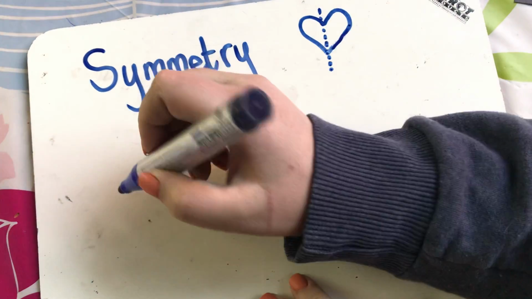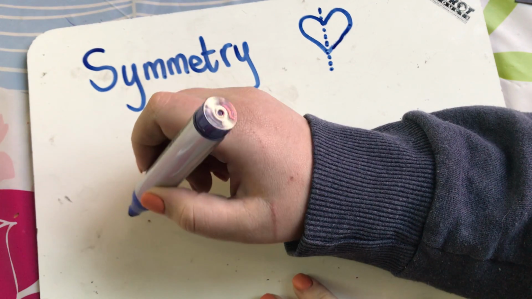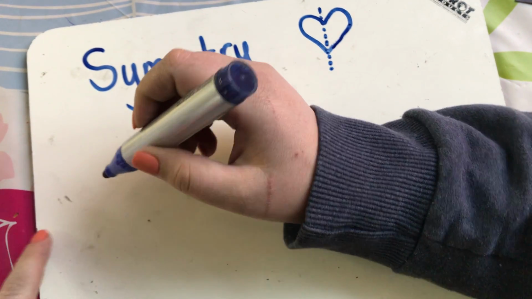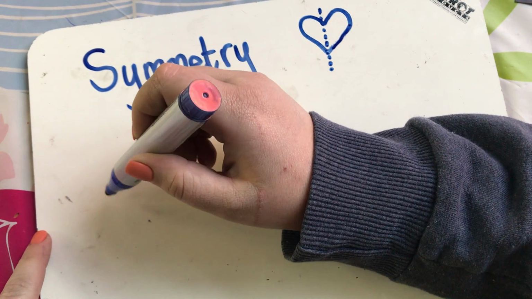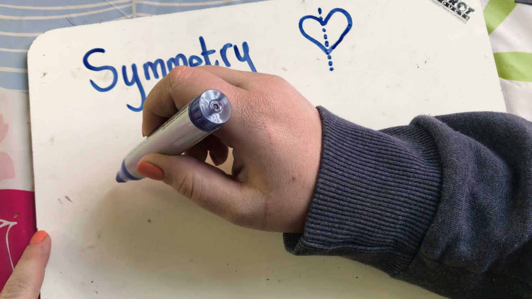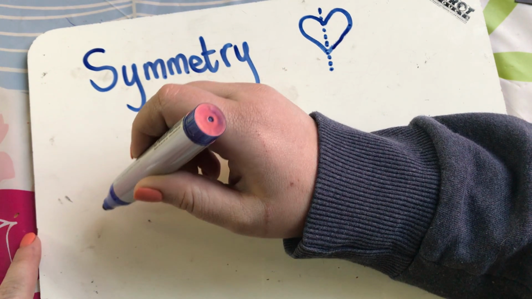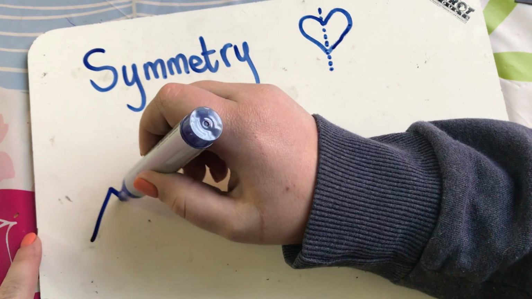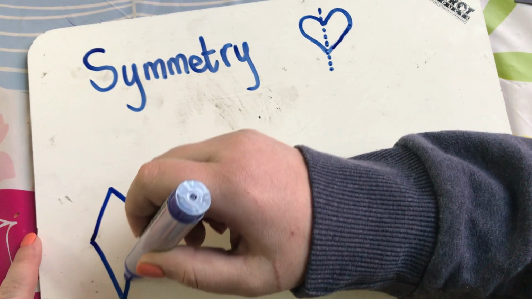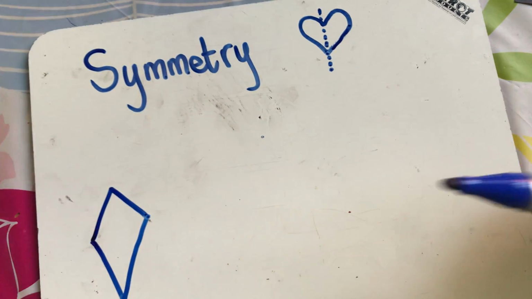So if I give you a shape, maybe I give you a kite, but I give you one that's longer at the bottom than it is at the top.